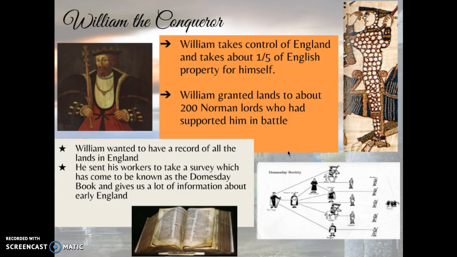Okay, so now William, Duke of Normandy, is known as William the Conqueror. He will take control of England and takes just one fifth of English property for himself. And so he grants the lands to the nobles from Normandy who came with him.